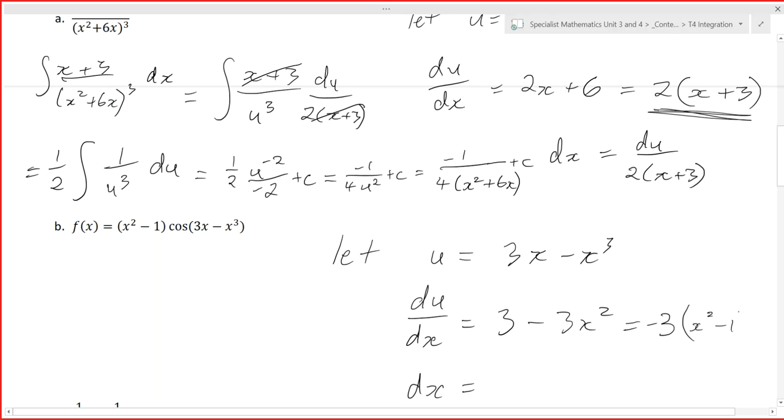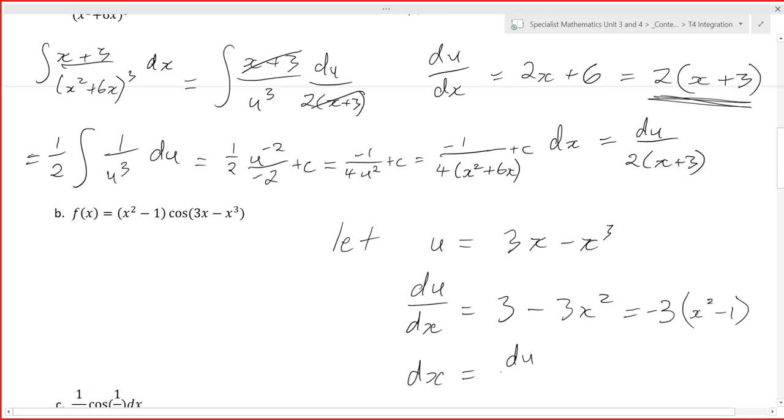Becomes that thing outside of the cos. Does everyone see that? So you're left with dx equals du over this new thing.